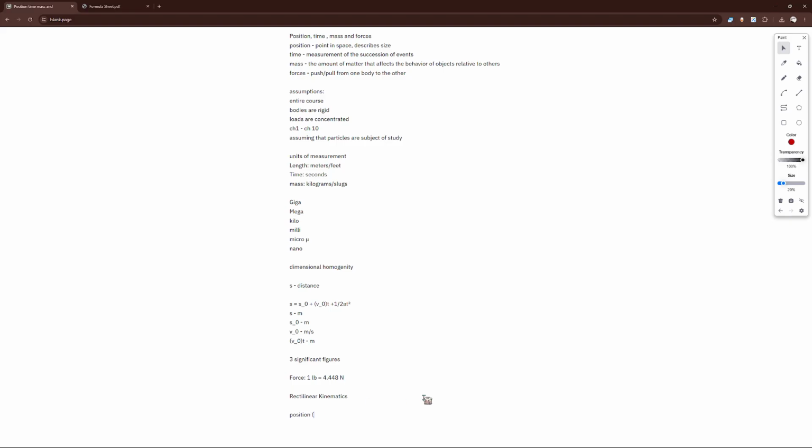Position, we denote with S. This is the exact point where something is. If we have an axis, we have a point, and this is its position, like point A, B, or 4, 5.